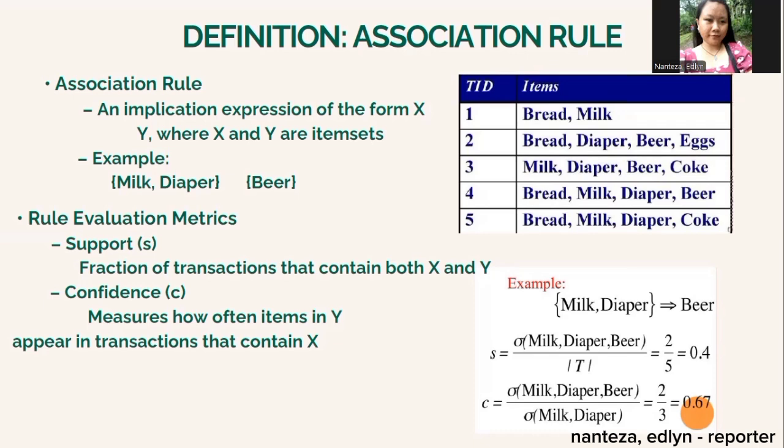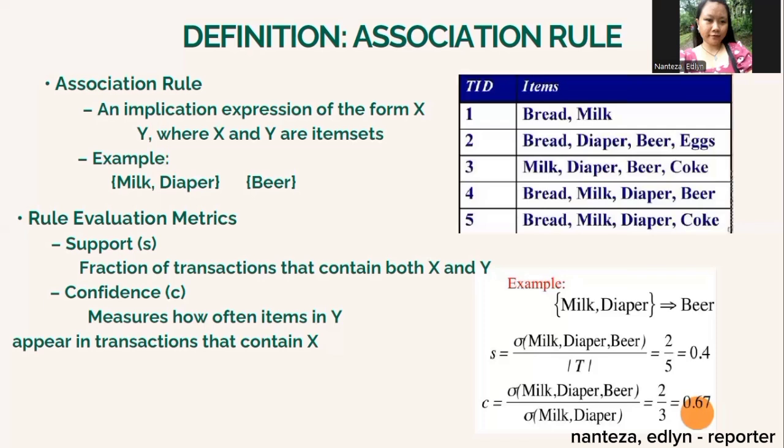Rule evaluation metrics. Support. This is the fraction of transactions that contain both X and Y. It is calculated as the number of transactions containing X and Y divided by the total number of transactions. Confidence.